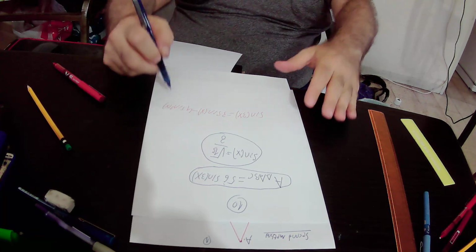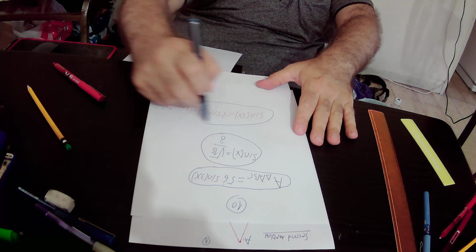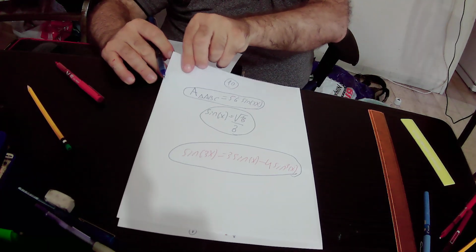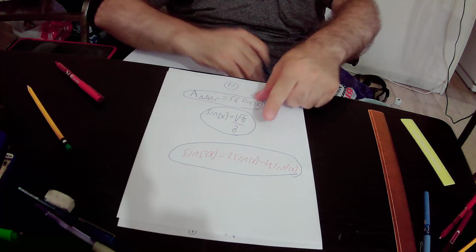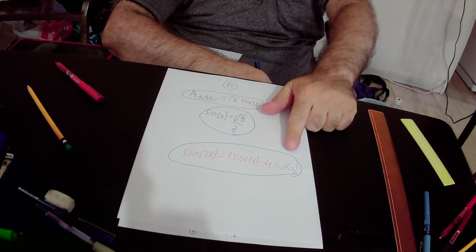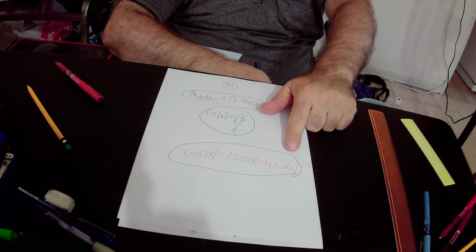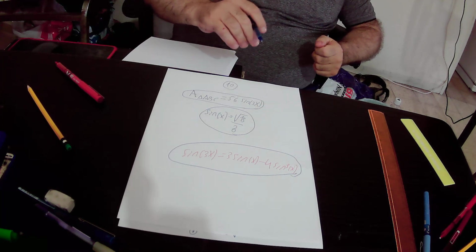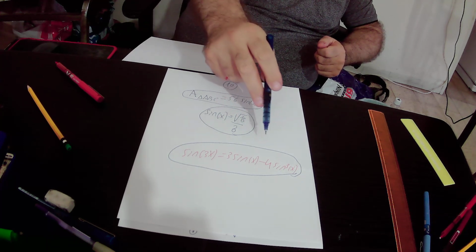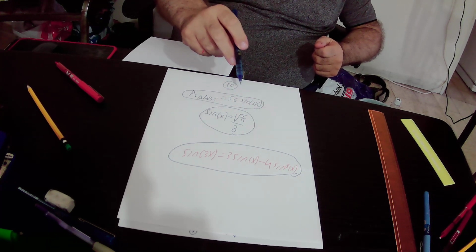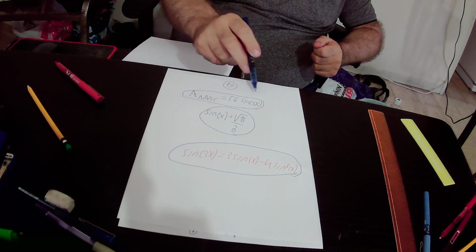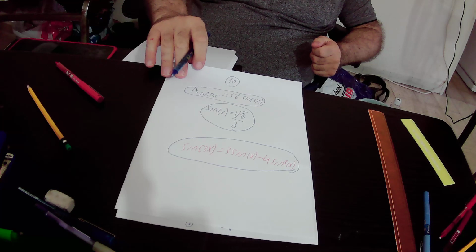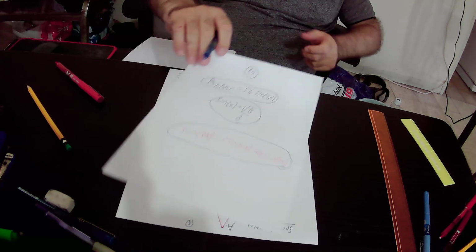Again, the fourth trigonometric identity states that sine 3x equals 3 sine x minus 4 sine cube x. So we can use this trigonometric identity in order to solve this equality and find out the area of triangle ABC.